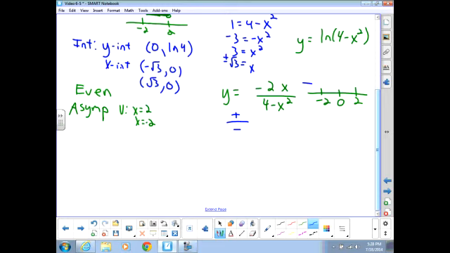When you put negative 1 in, you get 2 on top, which is a positive. And on bottom, you'll get 4 minus 1, which is a positive. Positive over a positive is a positive. When you put in positive 1, you'll get negative 2 over 3. So a negative over a positive is a negative. And when you put in a huge positive number like 10 million, you'll get a negative on top. You'll get 4 minus a huge number on bottom. So that's a negative. Negative divided by negative is a positive.